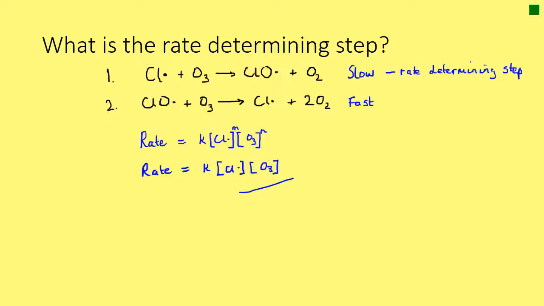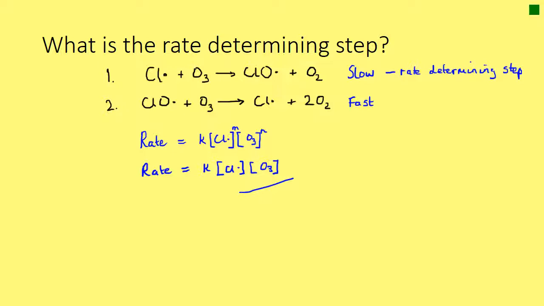We've got a chlorine free radical, which we'll write like so, and we have ozone in the atmosphere that forms an intermediate free radical, written as such, and oxygen gas. So that's step 1.